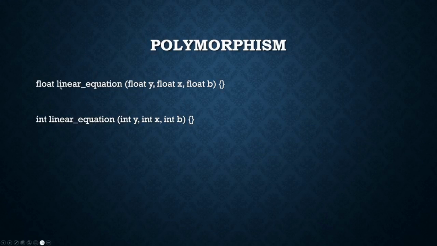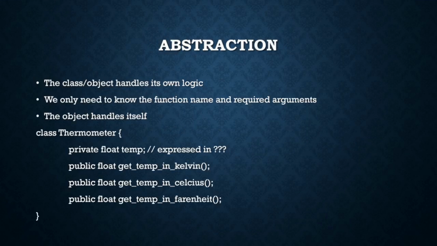So we can have a linear equation function that receives float values and returns a float answer, or we can have a linear equation function that takes integer values and returns an integer answer. And of course, we could mix all that up too, where maybe we take those ints and cast them to floats, so this also returns a float value. But this is just something to know about another case of polymorphism.